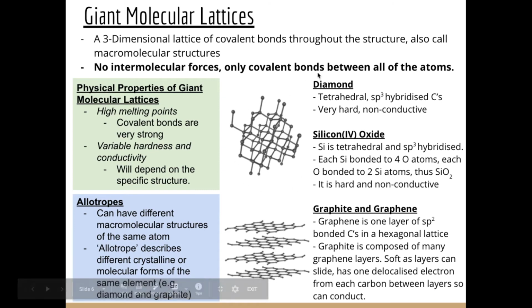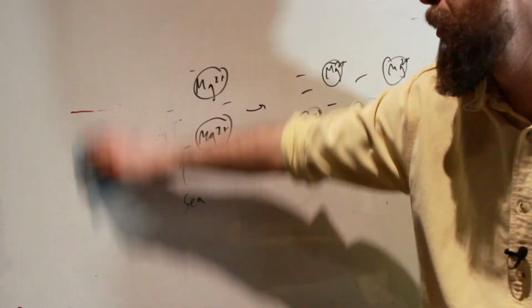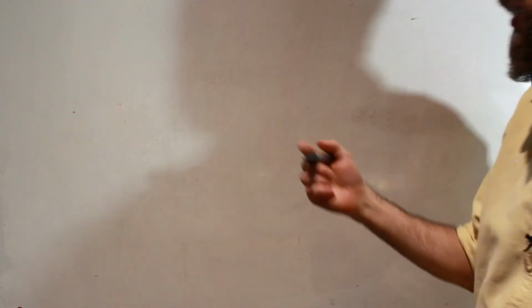All right, what have we got here? Diamond. The first one we're going to look at is diamond, which looks like this. This is essentially just a carbon atom, sp3 hybridized in a tetrahedral arrangement, bonded to 4 other carbons that are also tetrahedral sp3 hybridized.